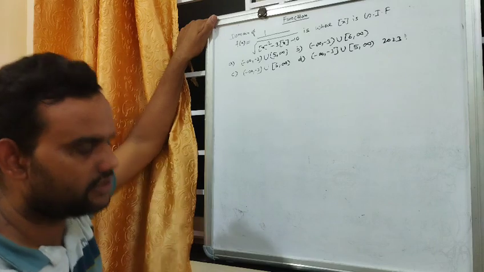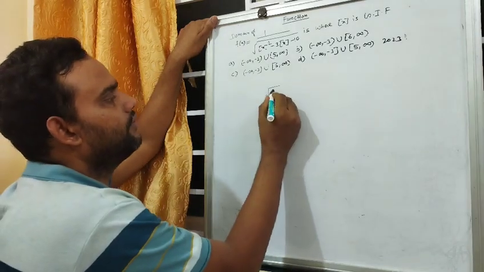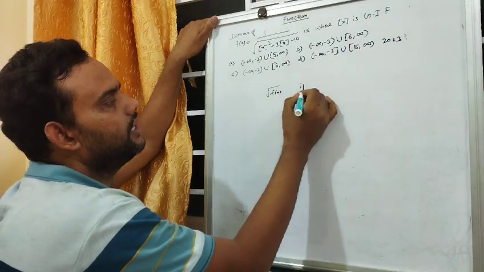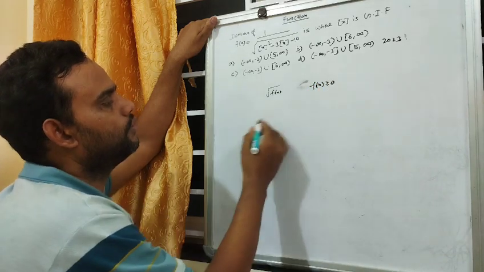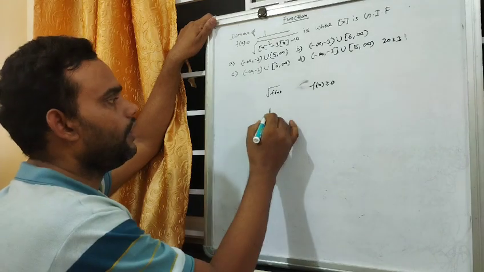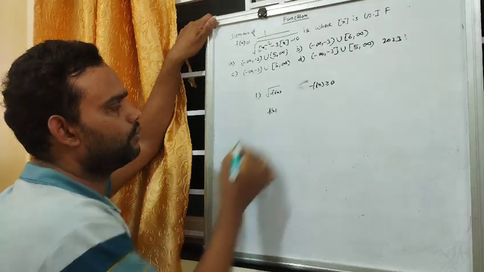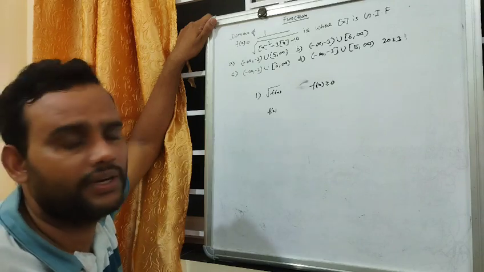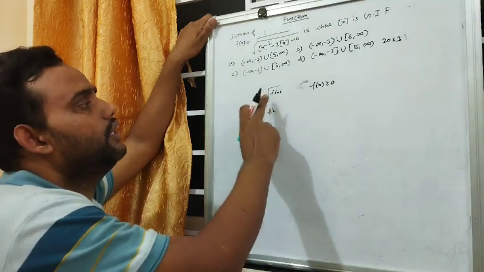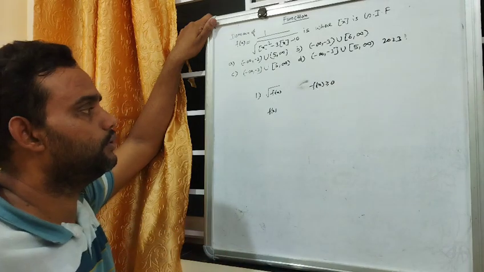So we know that the first type of finding the domain is root under f of x. Then f of x is defined when it is greater than or equal to 0.